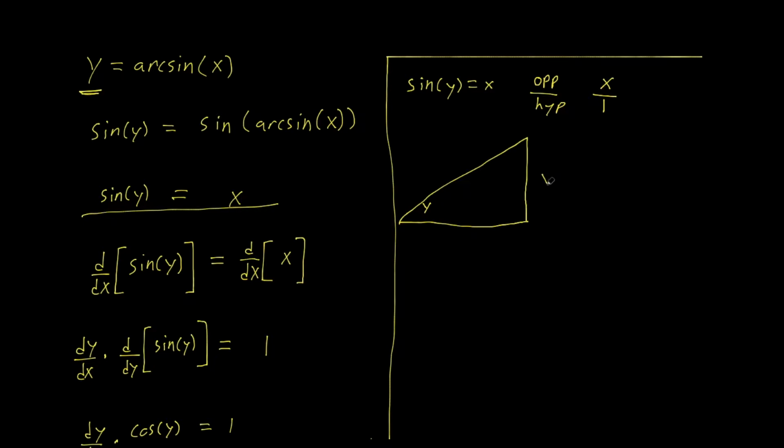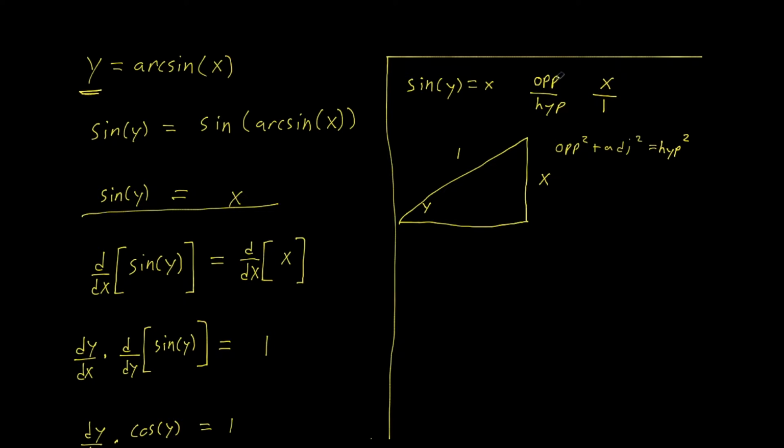opposite side equal to x, hypotenuse equal to 1, and then using the Pythagorean theorem we can say opposite squared plus adjacent squared equals hypotenuse squared.